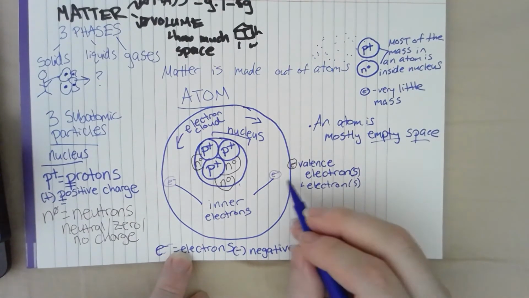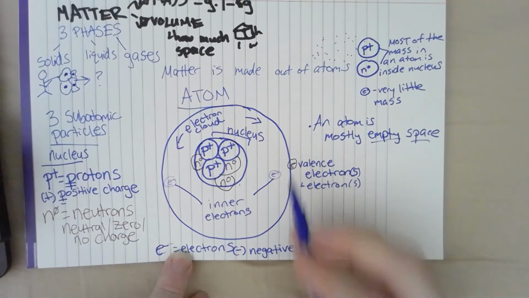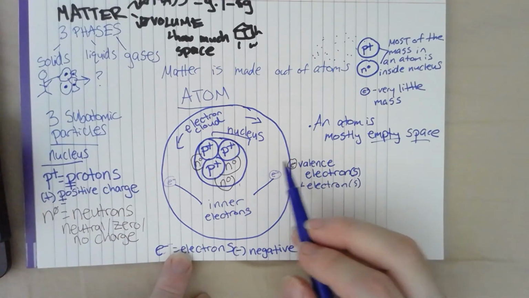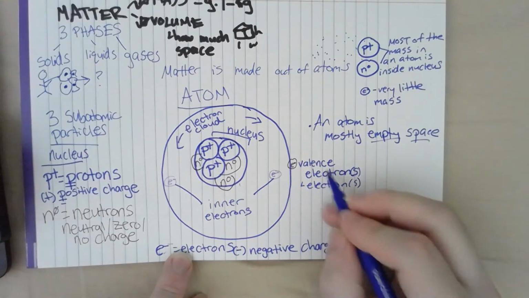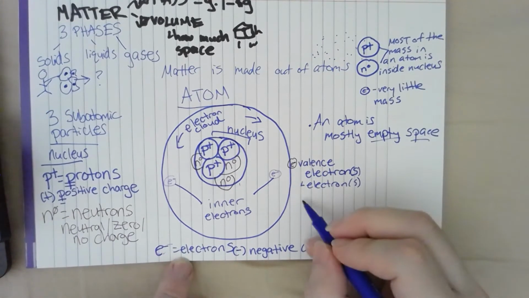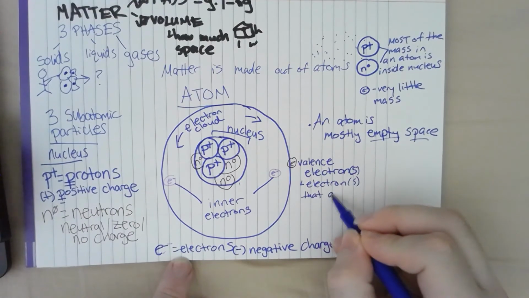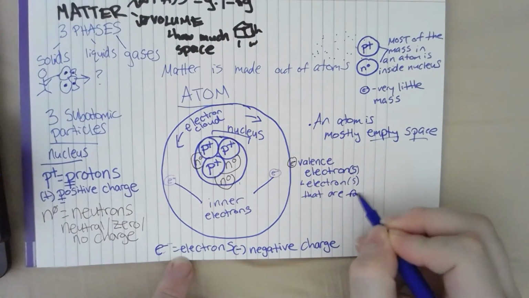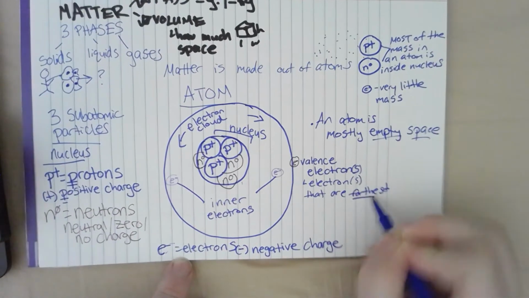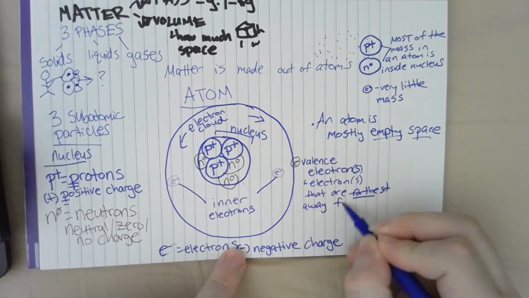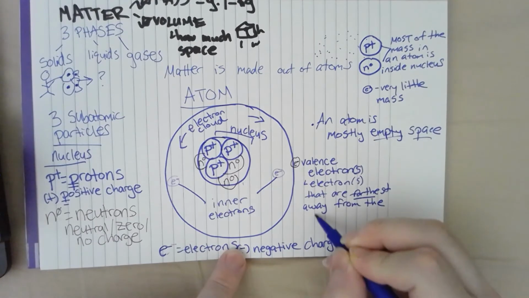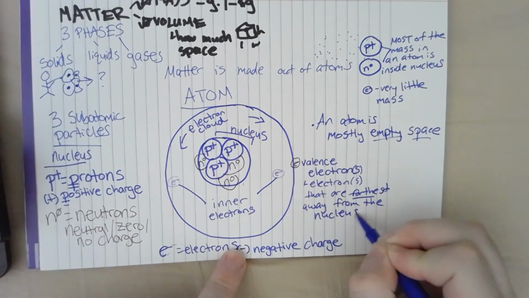In this case, there's only one valence electron. But sometimes atoms will have 2 or 3 or 4. Valence electrons are electrons that are farthest away from the nucleus.